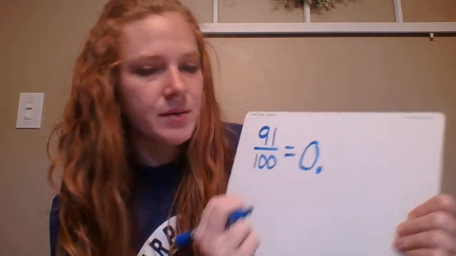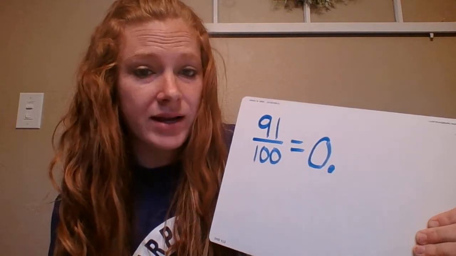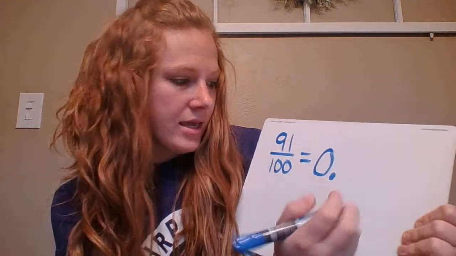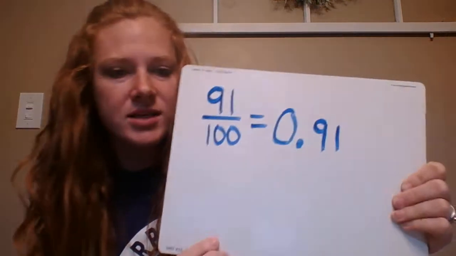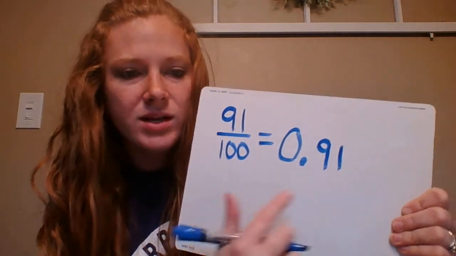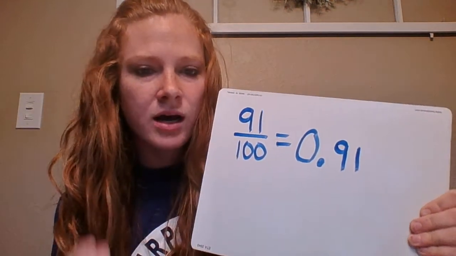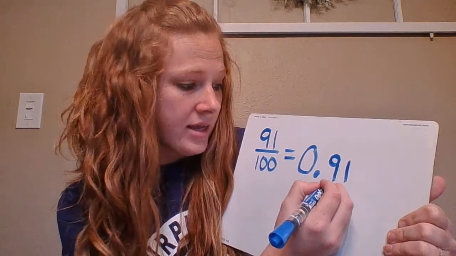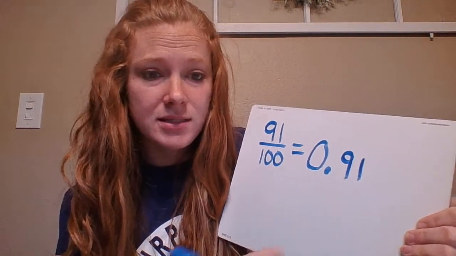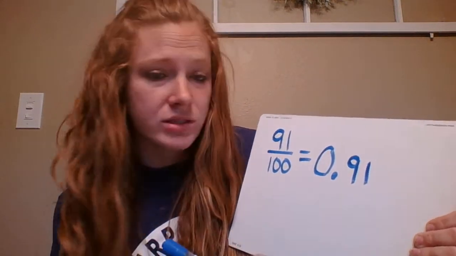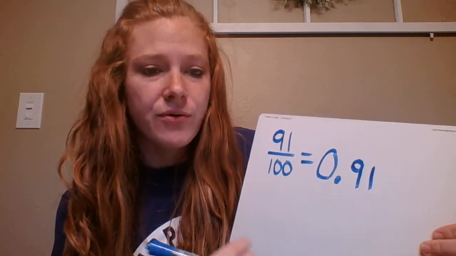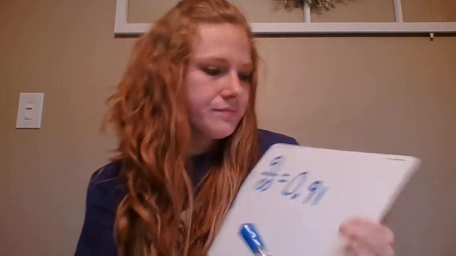My point to separate between my whole number and my now decimal, and my decimal, which is 91. So I would read this as 91 hundredths. So the 9 is technically in the tenths place, and the 1 is in the hundredths place, sorry. And so together that would be 91 hundredths.